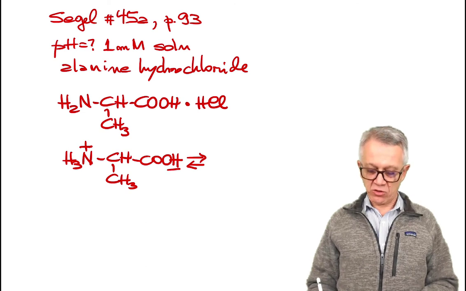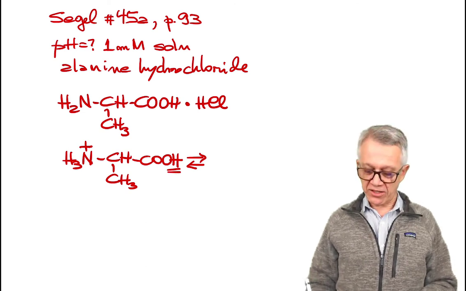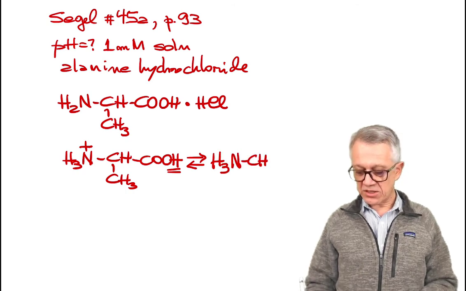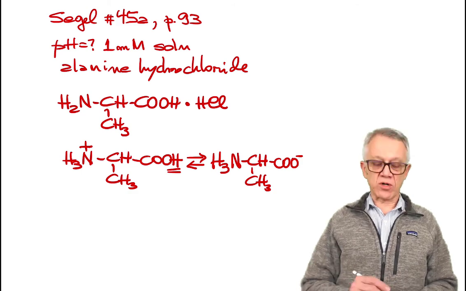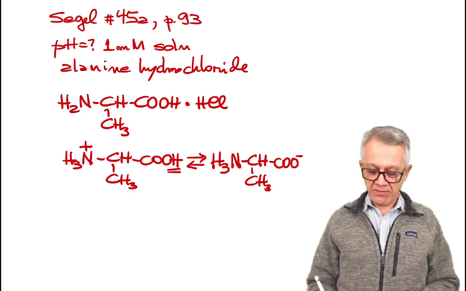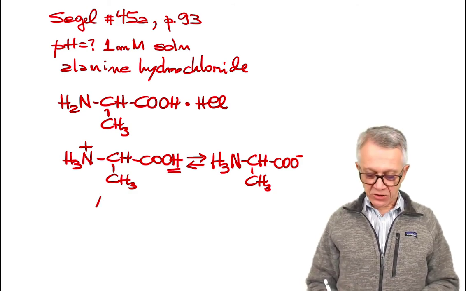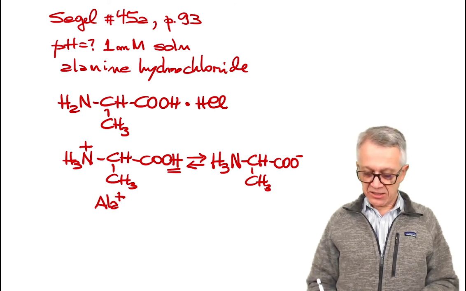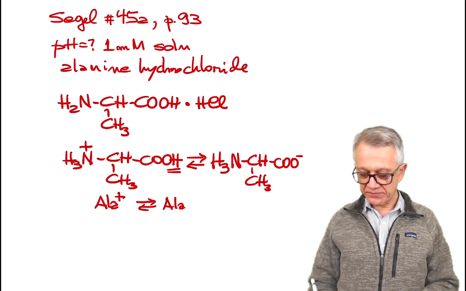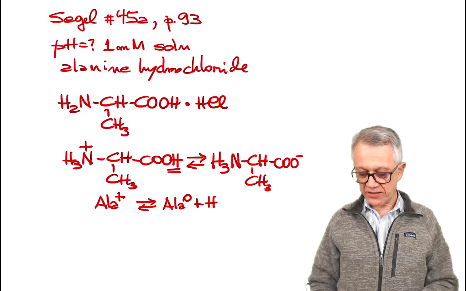The carboxylic group here obviously is the first one to deprotonate, and it's going to generate H3N CHCOO minus. So basically we're bringing to equilibrium two forms of alanine, the alanine plus, now in equilibrium with alanine 0 plus a proton, right?